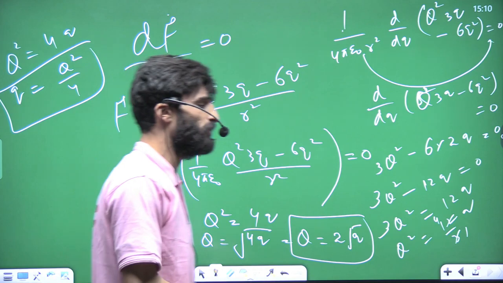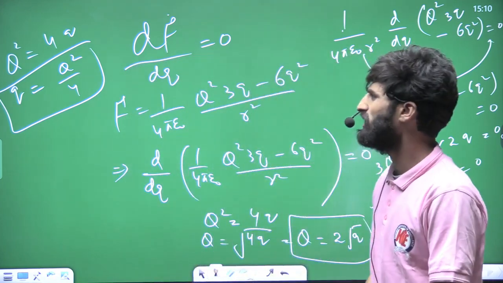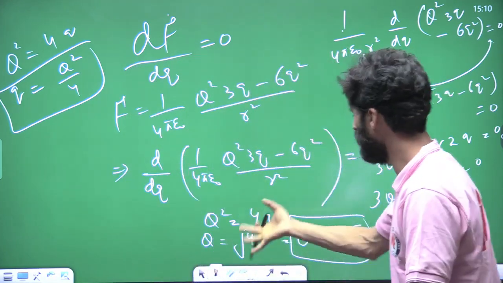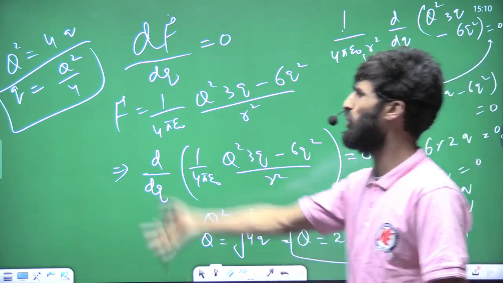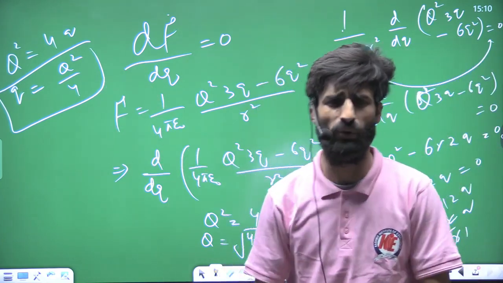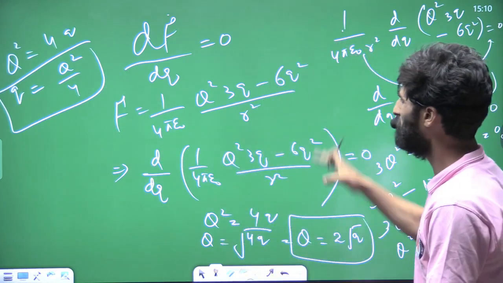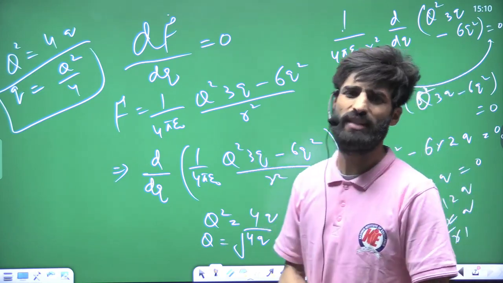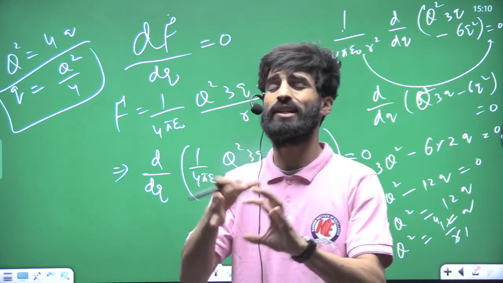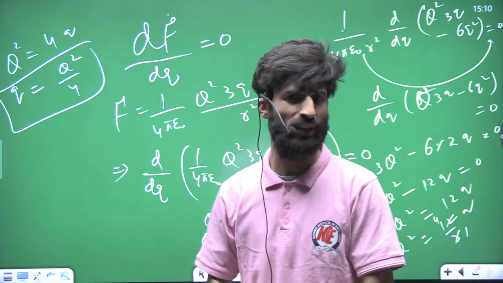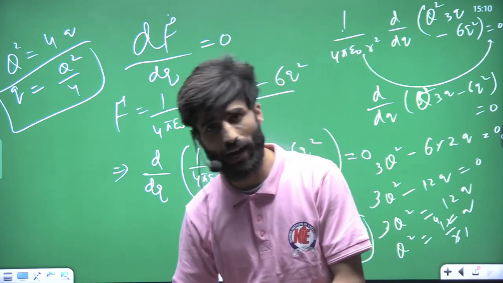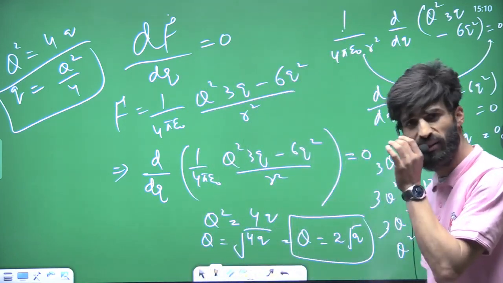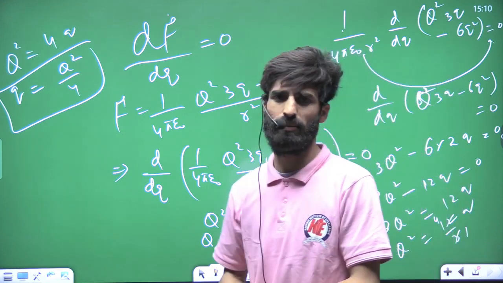So the relation is that Q square is 4 times Q, or Q is equal to under root of 4Q, or Q is equal to Q square by 4. This was just one charge divided into two parts, and you are asked for the condition for the maximum force of repulsion and the relation between Q and Q. Is it clear? That's very clear, my dear students.